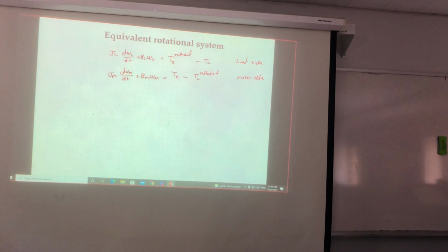We know that T1 will equal omega 2 over omega 1 times T2. And we know that omega 2 over omega 1 was equal to what? N1 over N2. So simply I will take this one here and put it here.